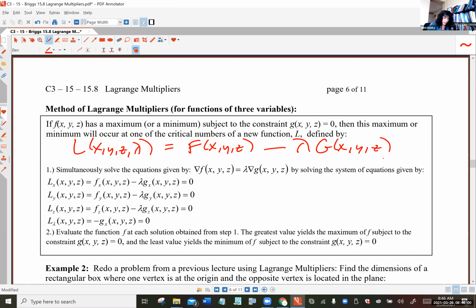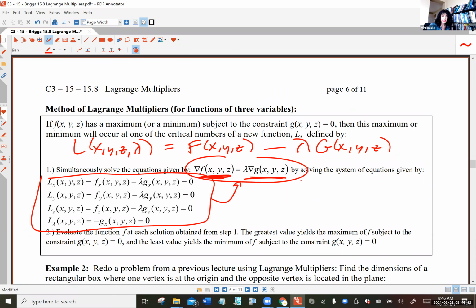And so what happens is when you take all 4 partials and set them equal to 0 and solve the nonlinear system, what you're really doing is you're taking the gradient of F and setting it equal to some multiple of the gradient of G.